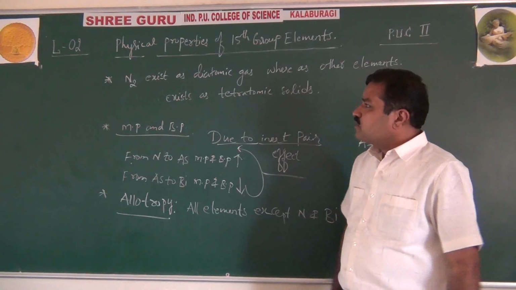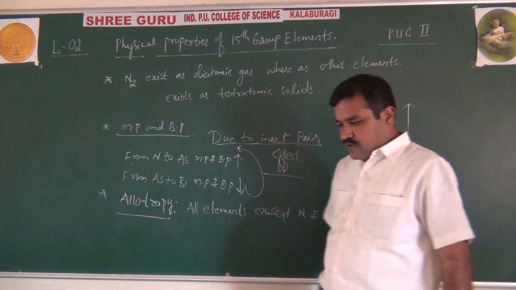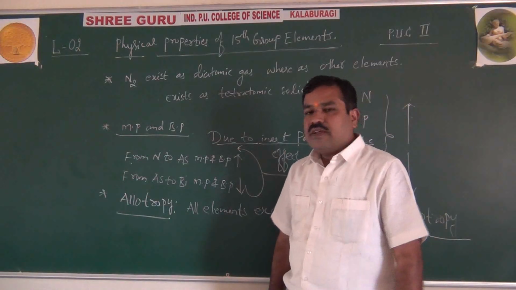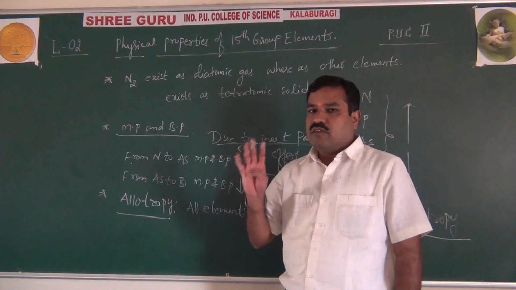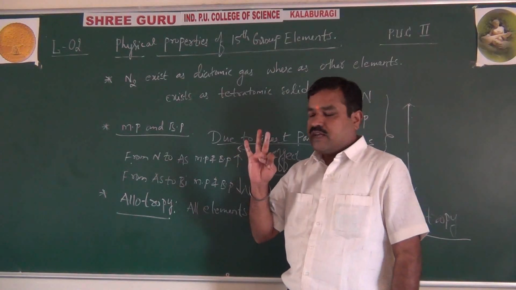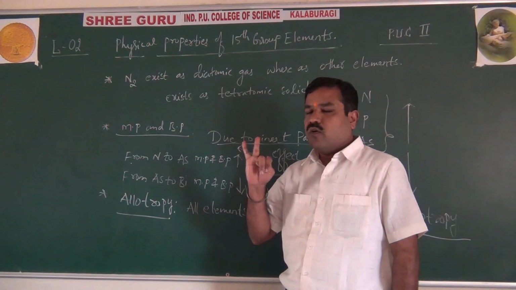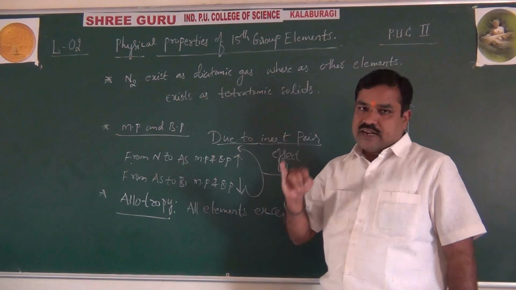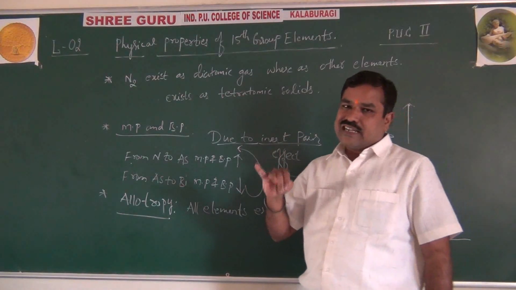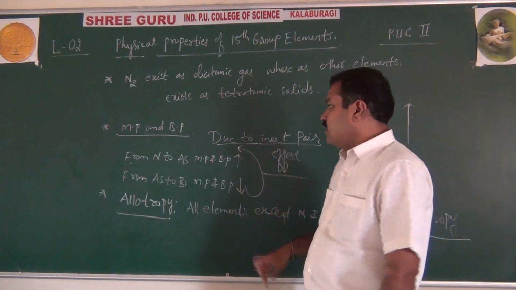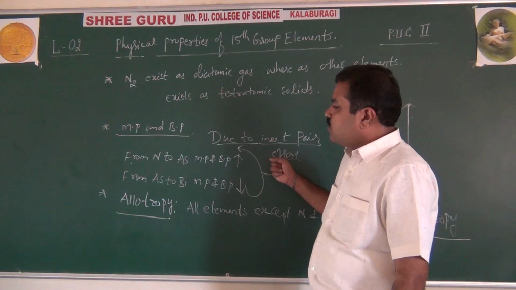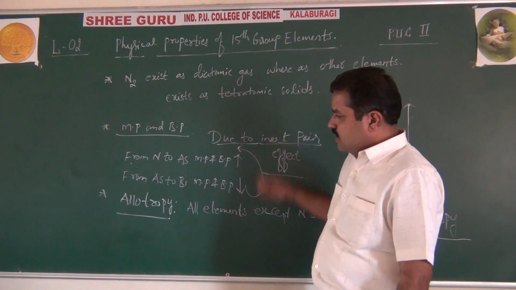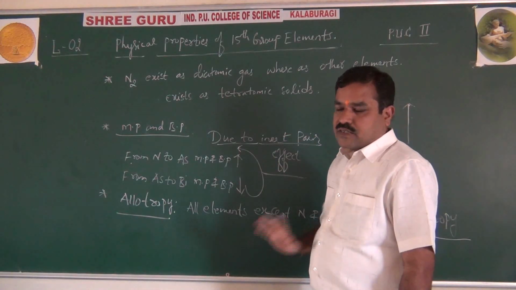So that's about physical properties, purely physical properties. Yesterday I gave you electronic configuration, then atomic radius, ionization enthalpy, and electronegativity. In electronegativity we covered metallic character, non-metallic character, acidic character and basic character. Now we did melting point and boiling point, physical existence and allotropic properties.